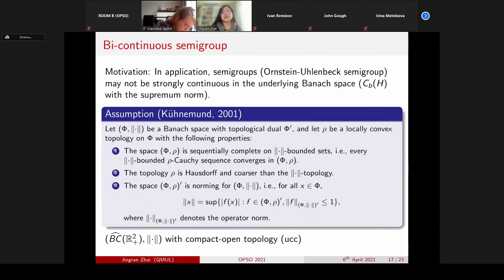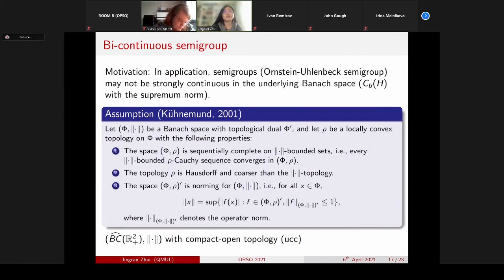For example, the Ornstein-Uhlenbeck semigroup is not strongly continuous on the space of continuous bounded functions on Hilbert space H, equipped with the supremum norm.